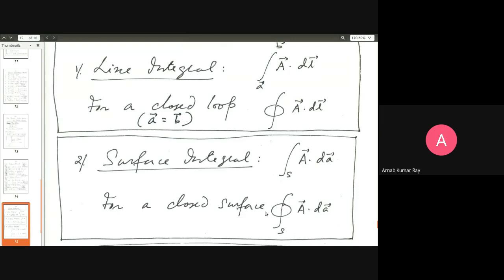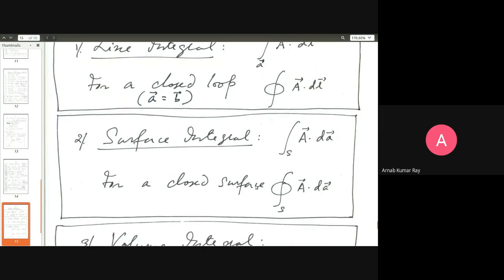A sheet of paper has got four sharp edges, the two length edges and the two breadth edges. But what does a closed surface look like? A closed surface is like the surface of a football. A football doesn't have any open edge. Everywhere on the surface of a football, you run your hand, you will not find any open edge. It's a closed surface. So that's a closed surface integral.